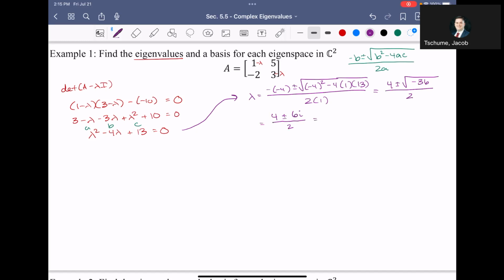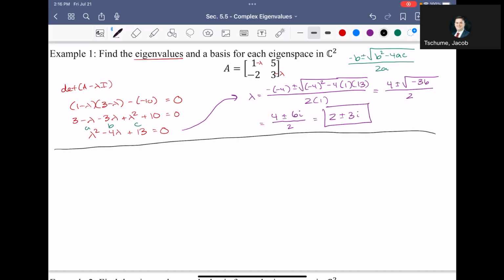And so if you divide the 2 into the two terms in the numerator, you get eigenvalues of 2 plus or minus 3i. And so you've just answered the first half of your question. Just like back in 5.1 and 5.2, when you have a 2 by 2 matrix, generally you pick up at least 2 eigenvalues. Well, that doesn't have to be necessarily true. That's typically what's going to happen today.